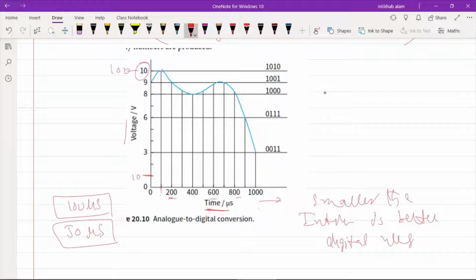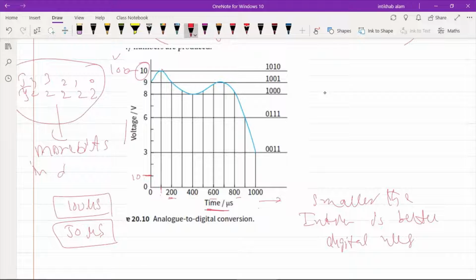To write 100, definitely we have to go to more bits. We have to increase the bits in the data. The more bits in the data, the better the digital you will get.